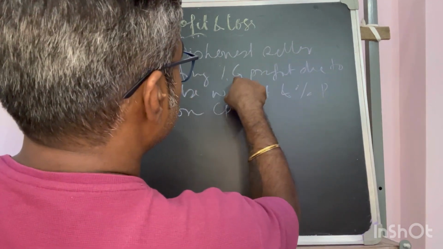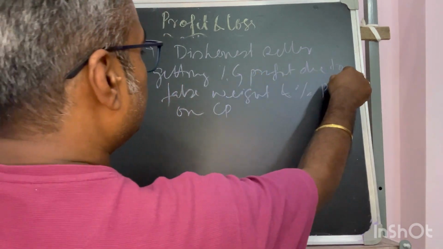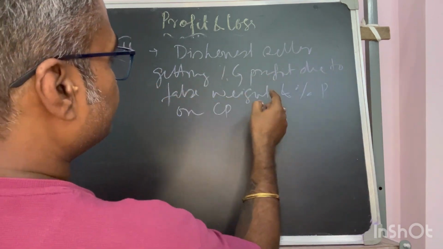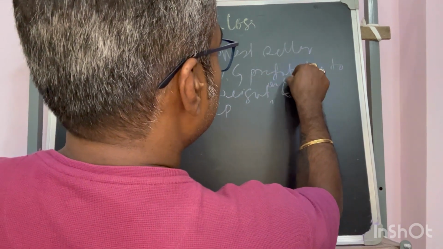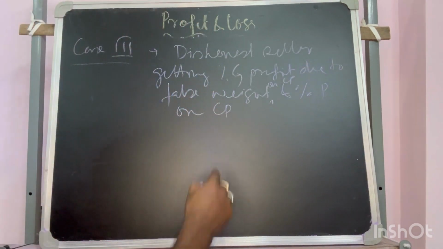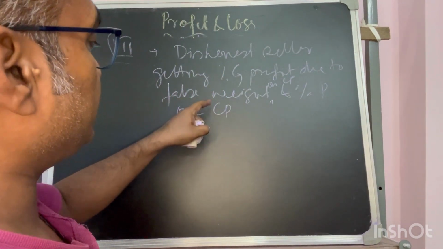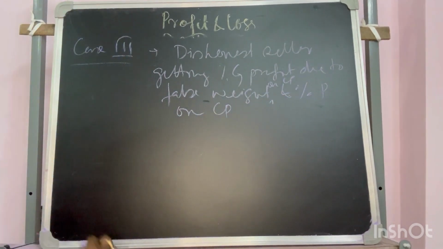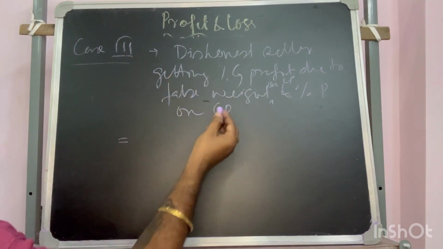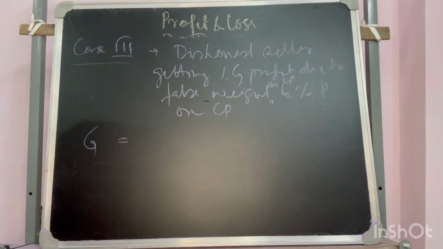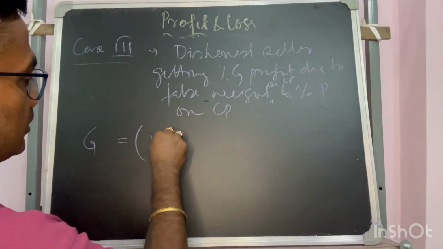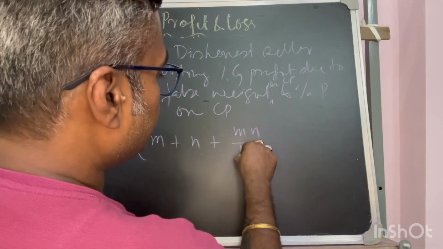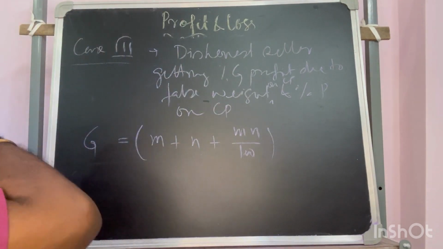This is also a percentage G profit due to the weight, that is the deflection in the cost price due to the false weight, and the percentage profit he has already given on the cost price. This is already a profit margin given. So we know two consecutive profits, the gain follows this formula, mn by 100. This is the formula for that case.